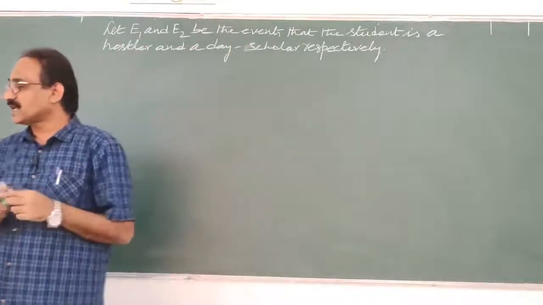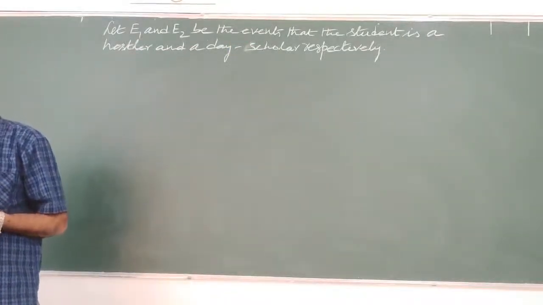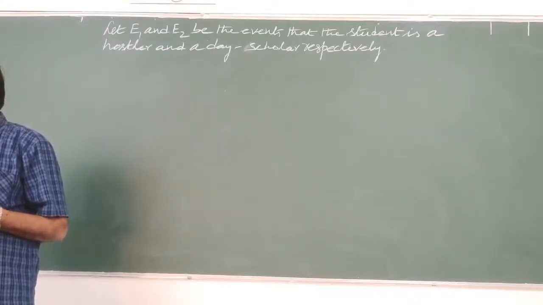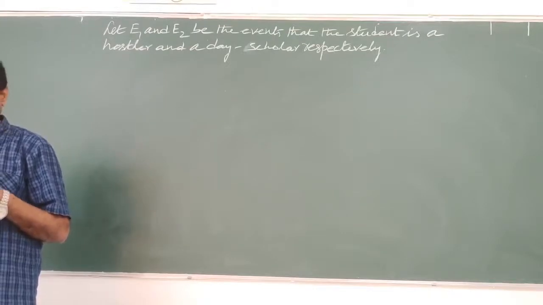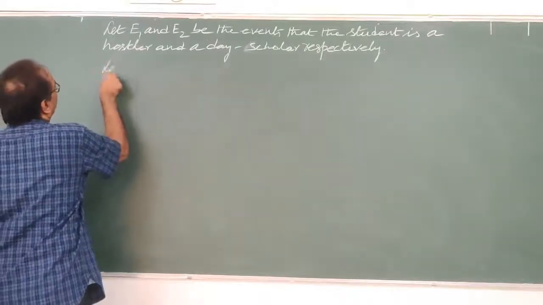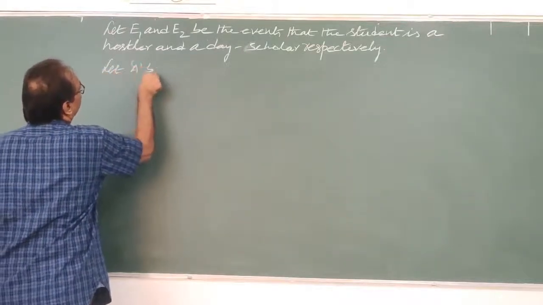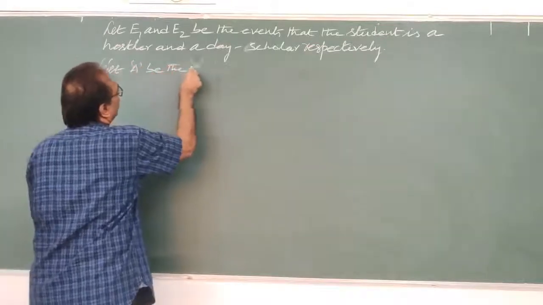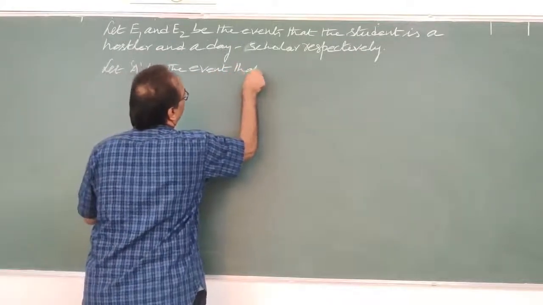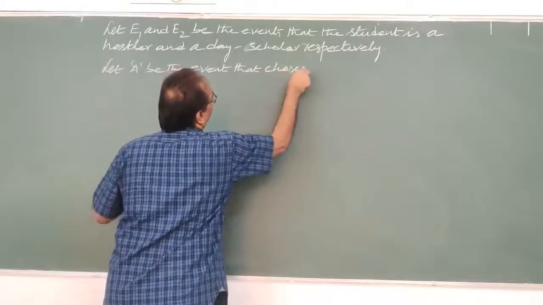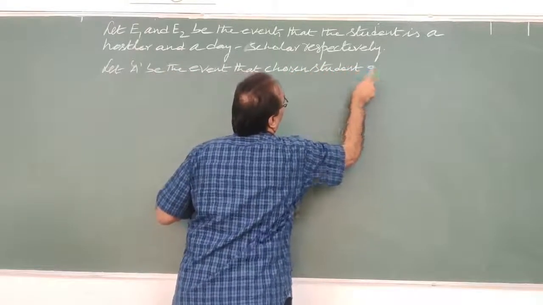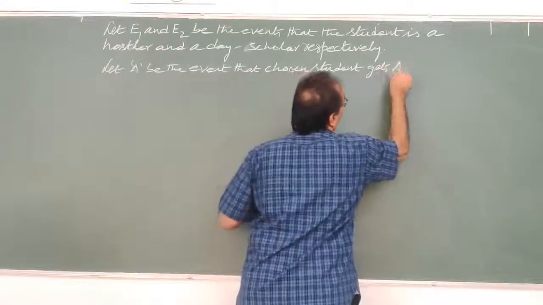Now, which probabilities are given, we'll see. Let A be the event that the chosen student gets grade A. So getting a grade A. Let A be the event that the chosen student gets A grade.